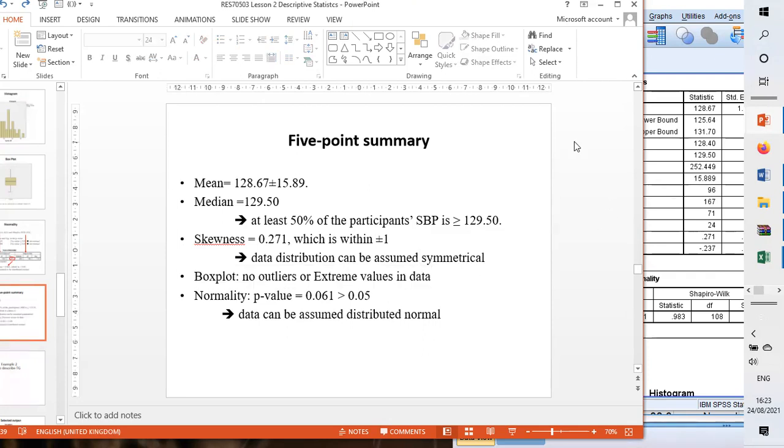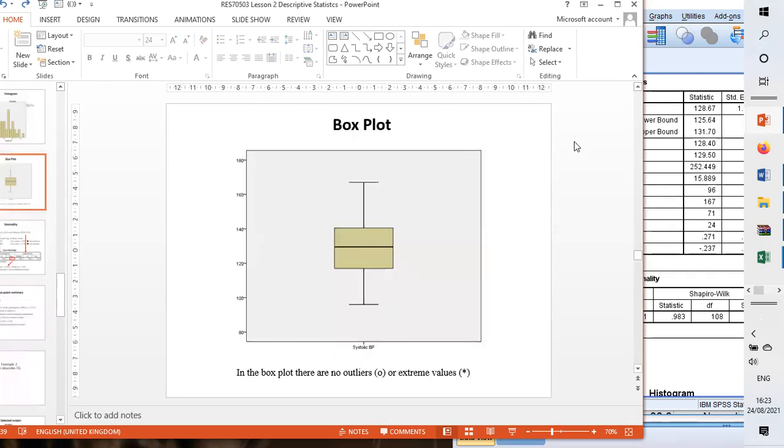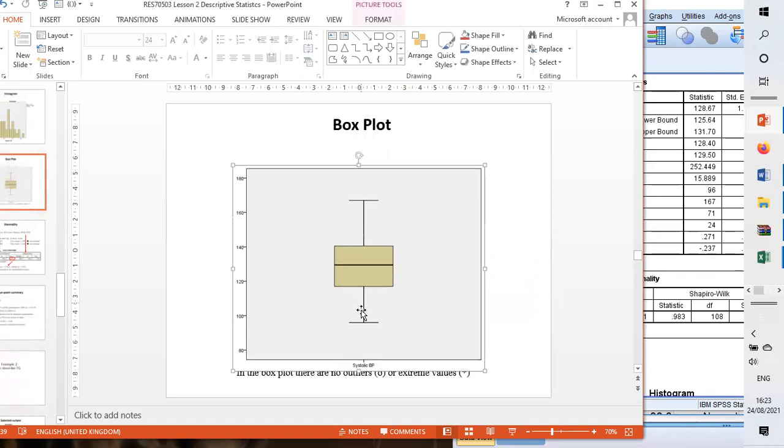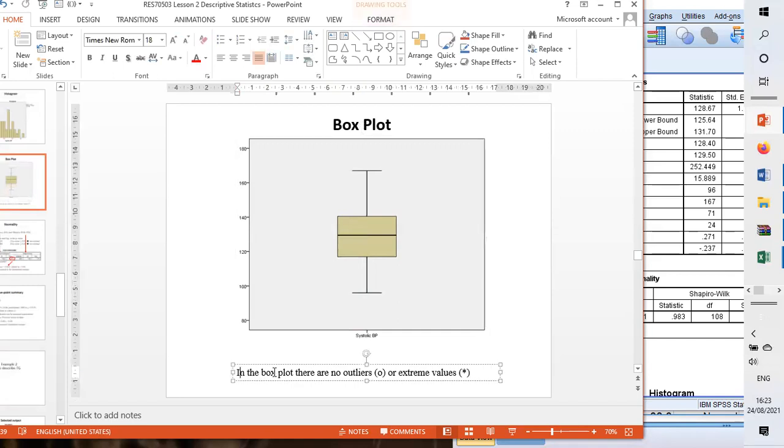So what do you look for? The box plot is automatically there. Any circle beyond the whiskers? Any circles? No. Any asterisk signs? No. So what does it mean? No outliers or extreme values.